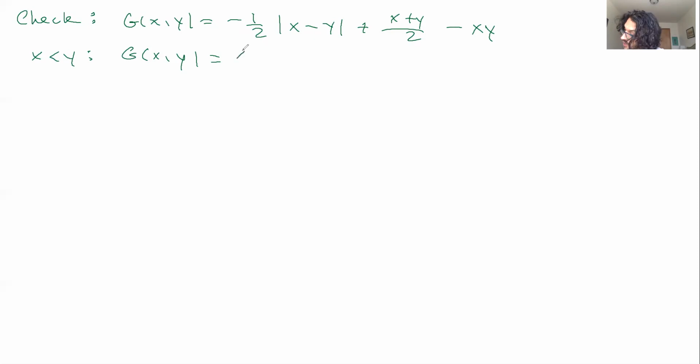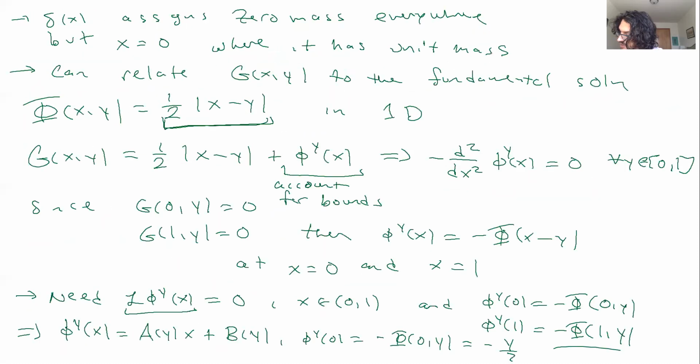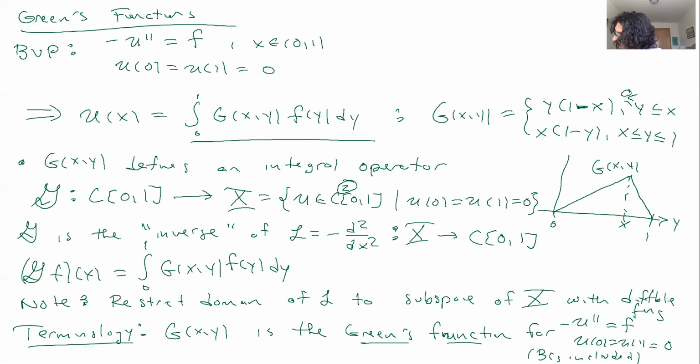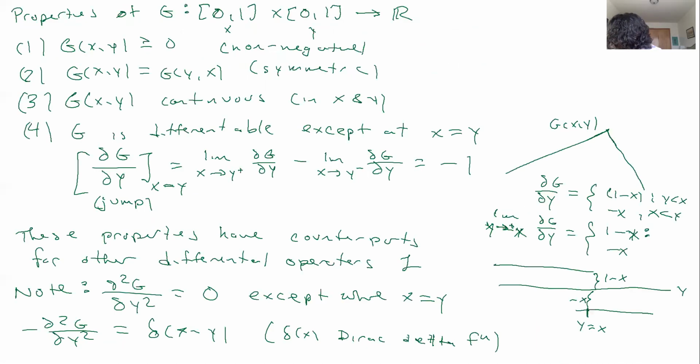So we get back (x minus y)/2 plus (x plus y)/2 minus xy. Of course, we can cancel these terms out now, and we get x times (1 minus y), which if we look back here, indeed we get x times (1 minus y) when x is less than y. Okay?